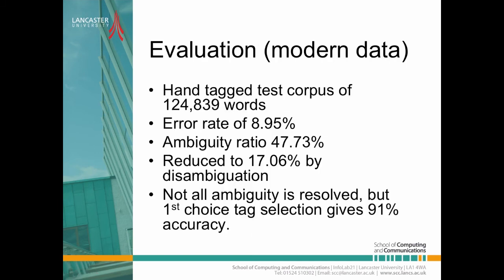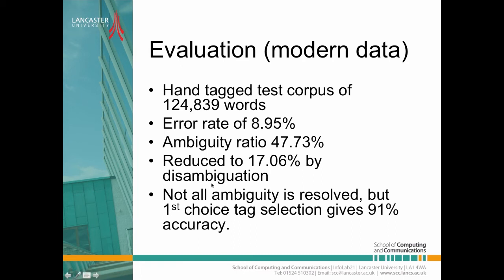So how accurate is the system that we have built? Well, we tested this on around a 125,000 word corpus and corrected it, and when you check which are the correct tags in each context, we have an error rate of 8.95%.